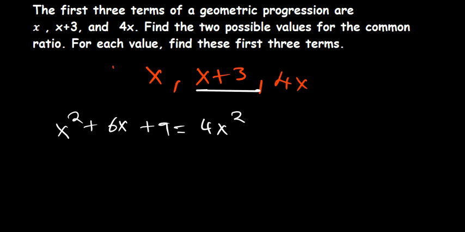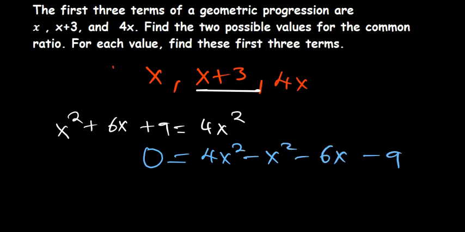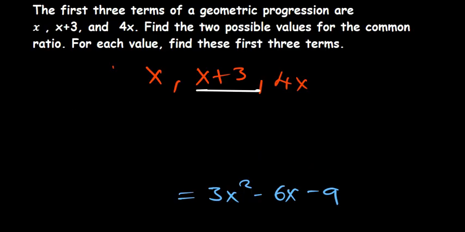Okay, we can collect the like terms. I prefer starting with a positive 4x squared, so you can have 0 on the left. So 4x squared minus x squared minus 6x minus 9, we end up with 3x squared minus 6x minus 9. Okay, this is our quadratic equation, equal to 0, so we can solve it.